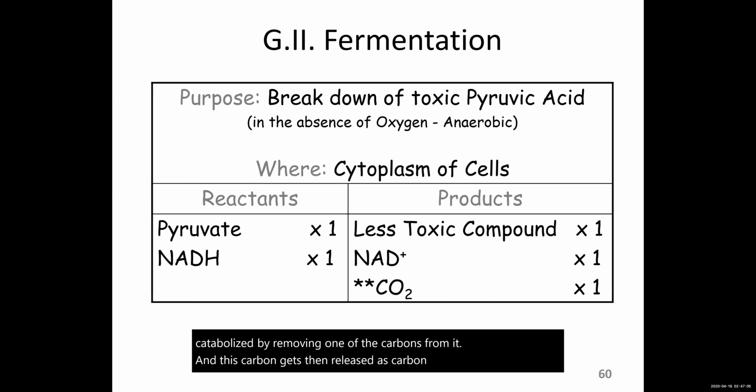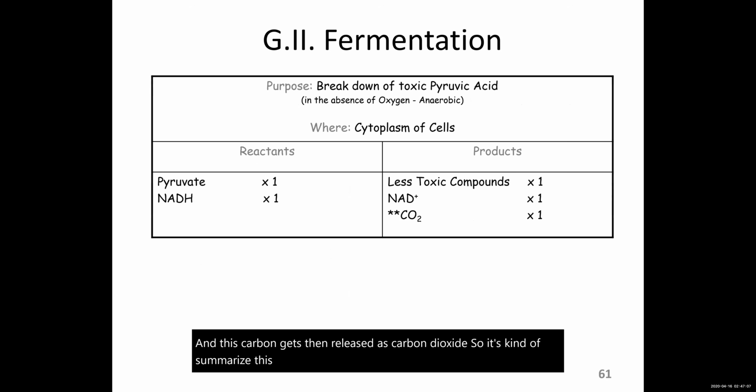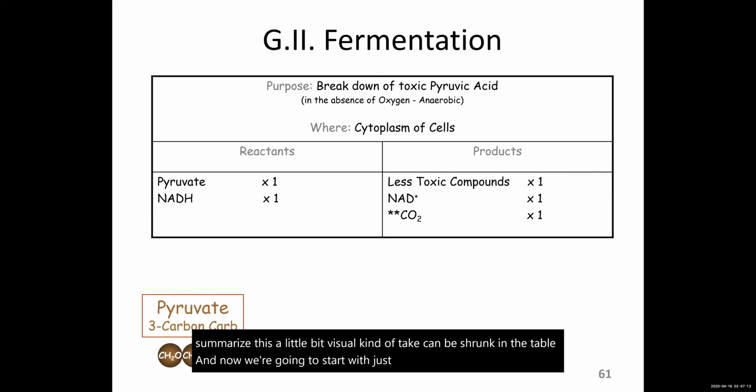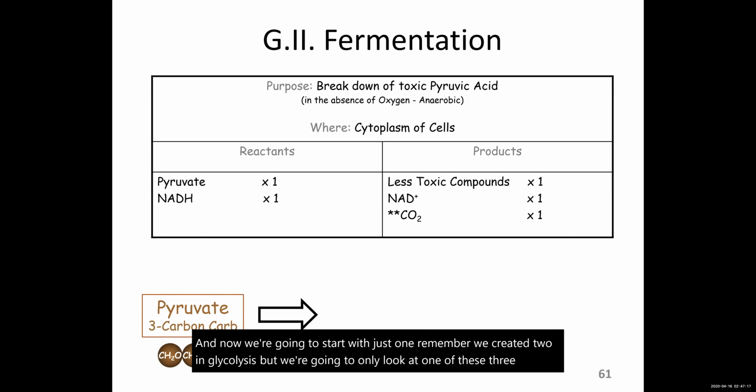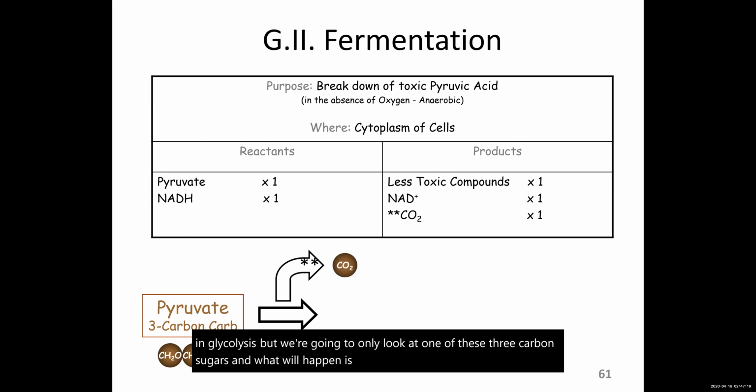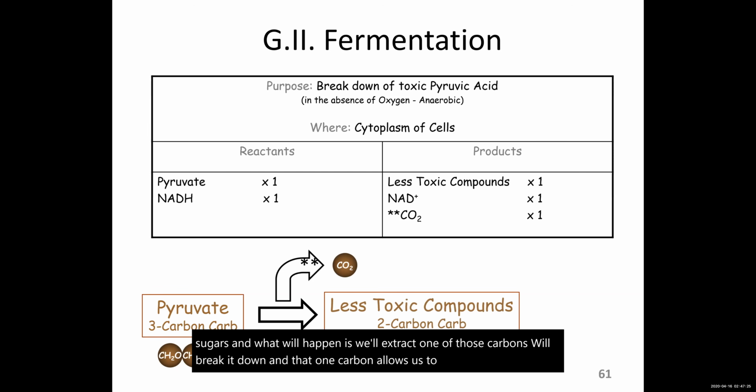Let's summarize this with a visual take. We've shrunken the table, and now we're going to start with just one. Remember, we created two in glycolysis, but we're only going to look at one of these 3-carbon sugars. We'll extract one of those carbons and break it down, which leaves only two carbons and turns it into a less toxic compound, something that is not as bad as pyruvate.